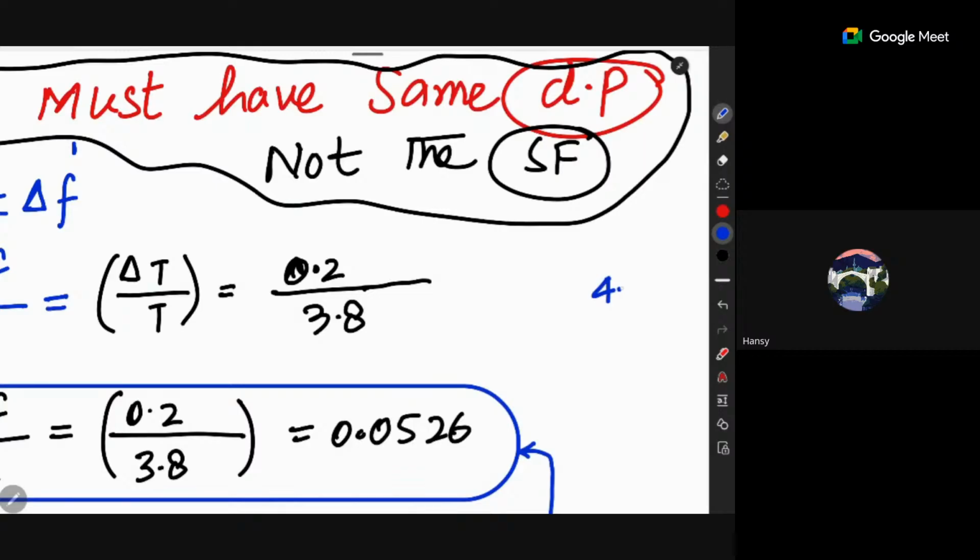For example, if this has a certain value of 25, something like that, you will write 25.00. You got my point? Decimal places should be matched. But the significant figure does not have any problem. Is this clear to everyone?